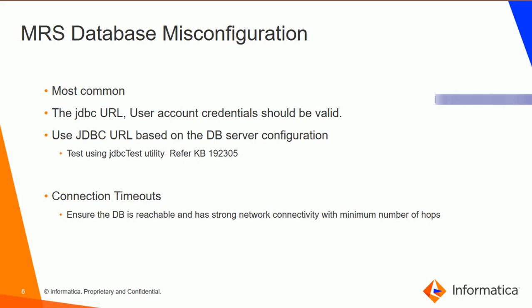Okay, and we never know how to go about it, but all we can do from our side is recommend that you ensure you have a strong connectivity between the MRS service running node and the database. If you are in a VM, we find many customers resolve their connectivity issues with the database by deploying both the Informatica VM as well as the database VM into the same physical host.